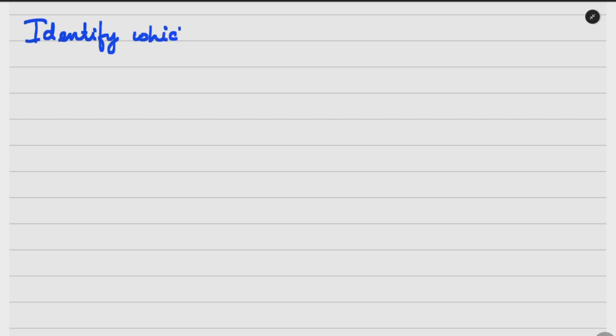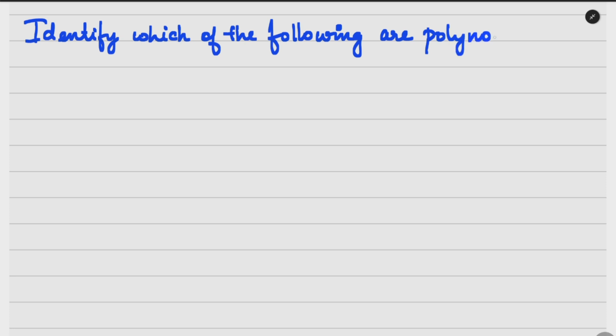Identify which of the following are polynomials. The very first question is 4 by x minus 3.